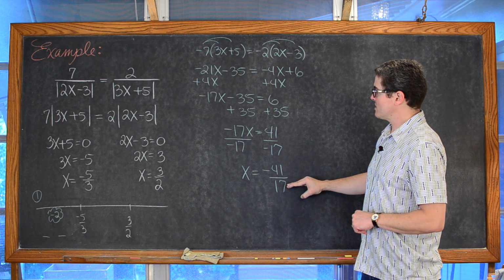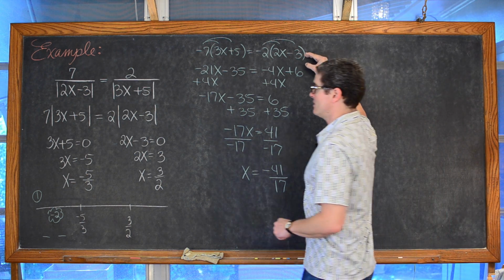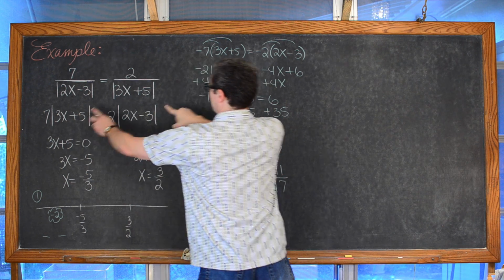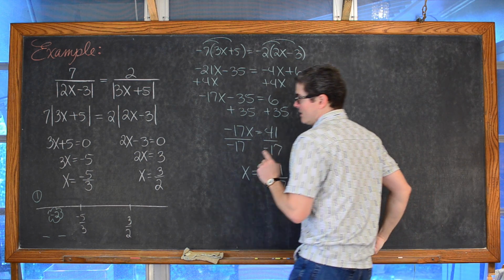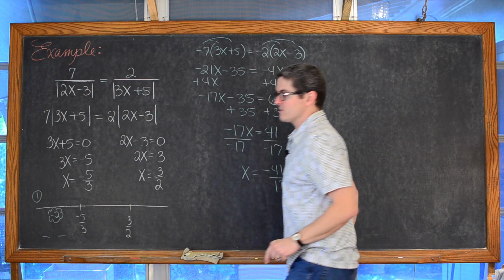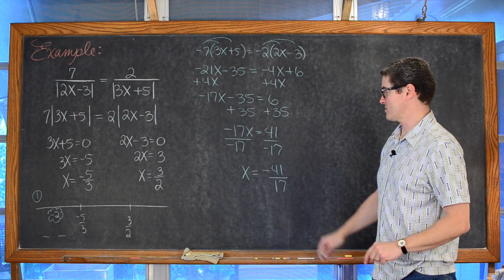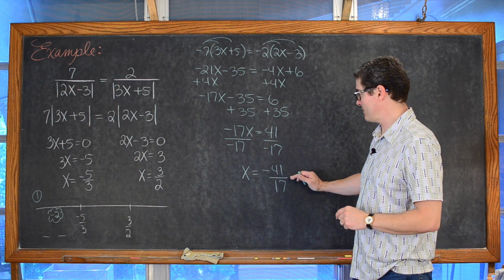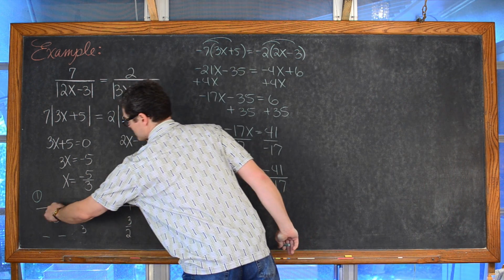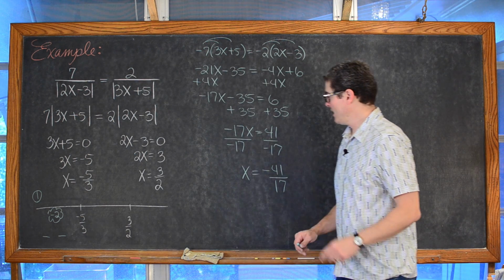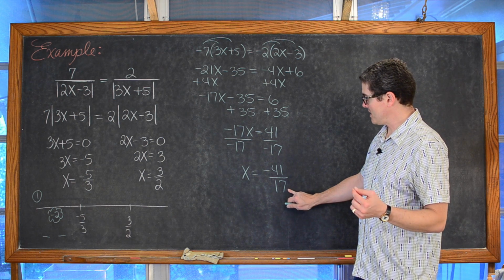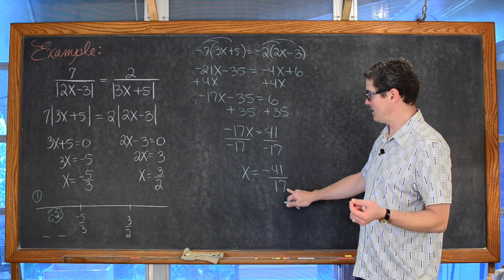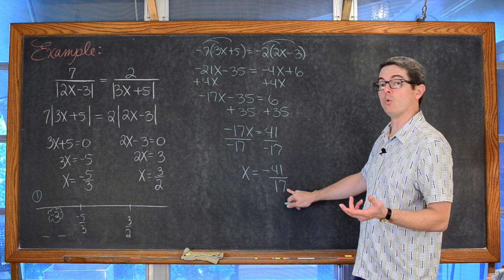This is a solution to this equation that I rewrote from this equation with the absolute value symbols, set up for the interval to the left of -5/3. So this is only a solution if this is within this restricted domain, if you will. And -41/17, well, let's see here. 2 times 17 is going to be 34.